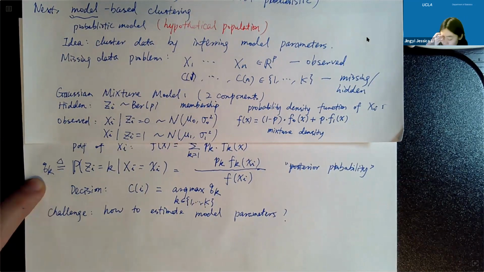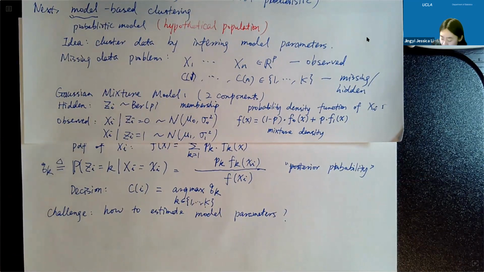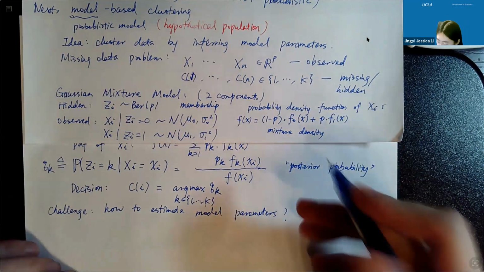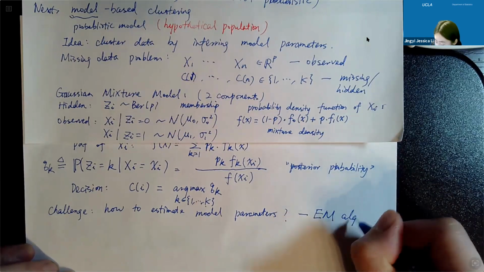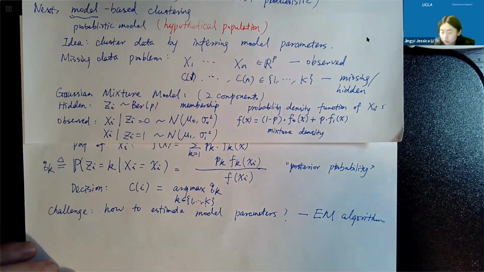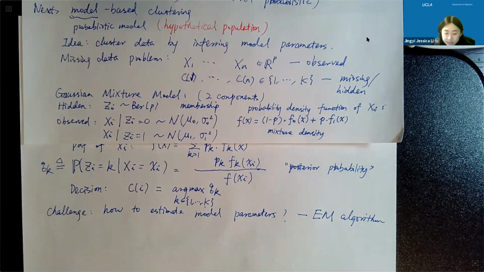For this, the most popular and very generally applicable algorithm is what we call the expectation maximization algorithm, short as EM algorithm. We are going to introduce that in our next lecture after we come back on Thursday.